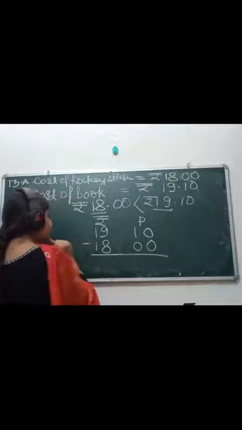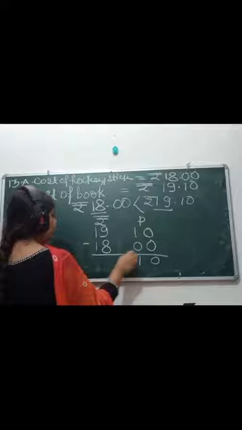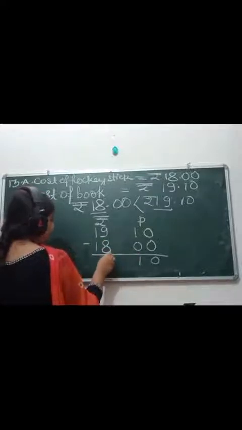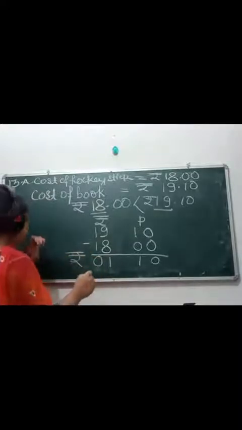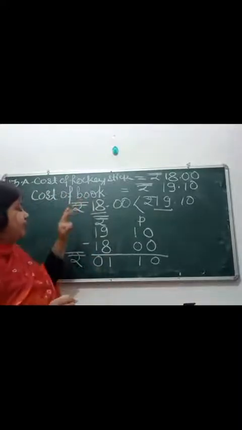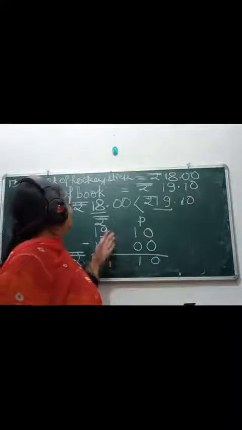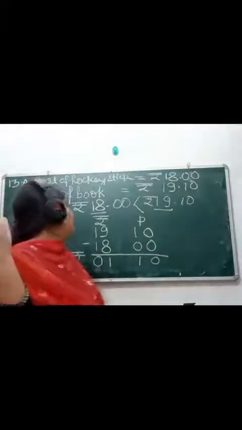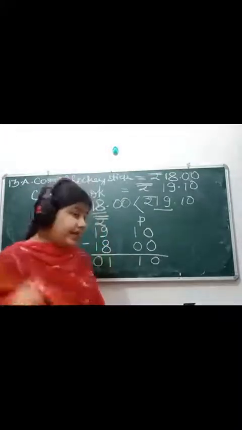Very simple subtraction. 0 minus 0 we will get 0. 1 minus 0 will get 1, 9 minus 8 we will get 1, and 1 minus 1 will get 0. So our answer is 1 rupee and 10 paise. So the cost of book is greater than the hockey stick by 1 rupee and 10 paise. Hockey stick से book की price ज़्यादा है, 1 rupee and 10 paise.